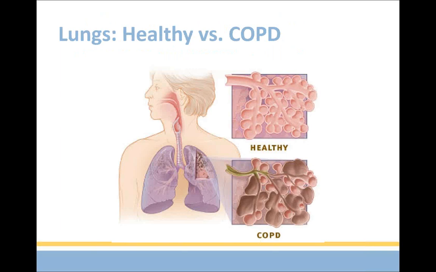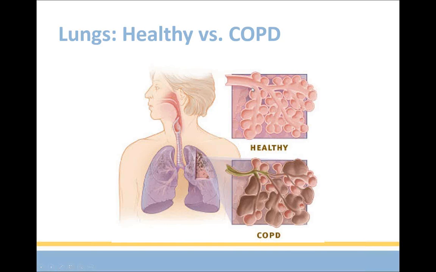The next slide is just a diagram of healthy lungs versus COPD. In the picture where you see the lungs, the area right underneath is the diaphragm, and the area inside the lungs is referred to as the pleura, and the bronchi are the inner lines that you can see in the diagram.